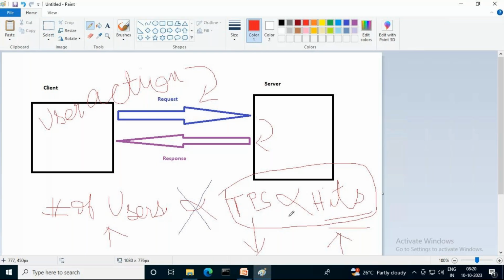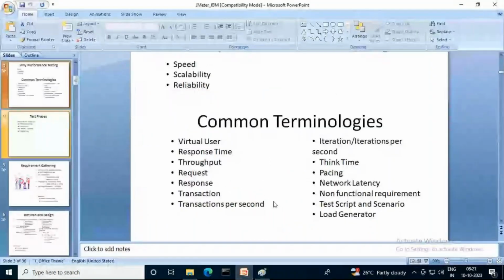It may still increase for some time, but after that you will see either the TPS will not increase or it will decrease with respect to the increase in hits per second. So if you find that observation, you have found a major issue. Okay, any queries anyone on the terminologies which I have mentioned on the left hand side?